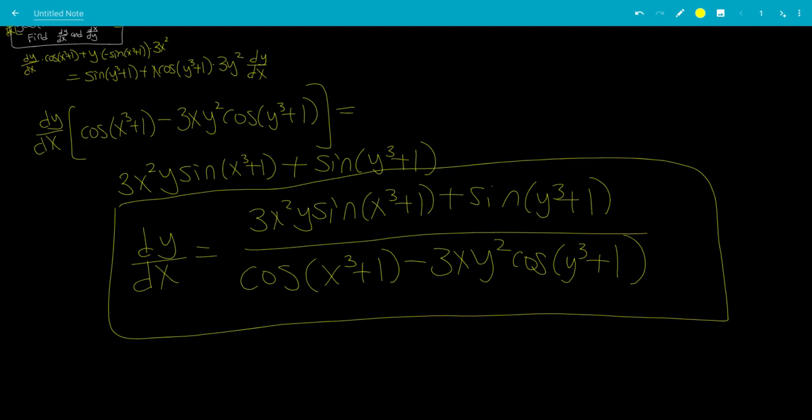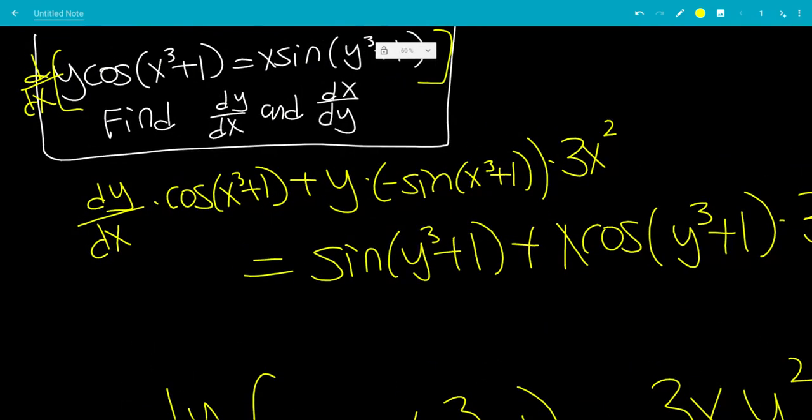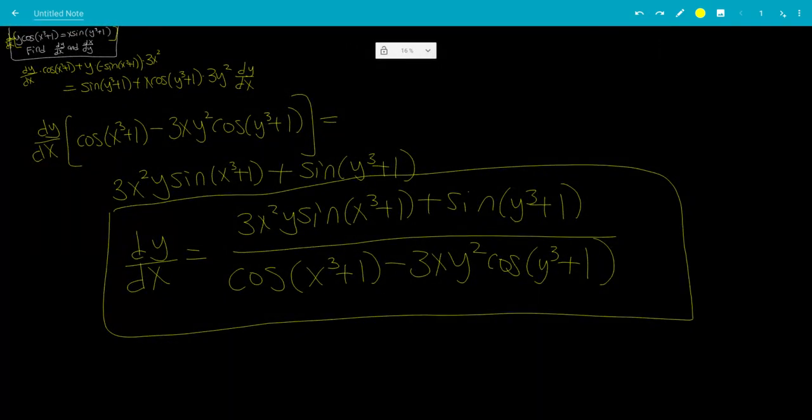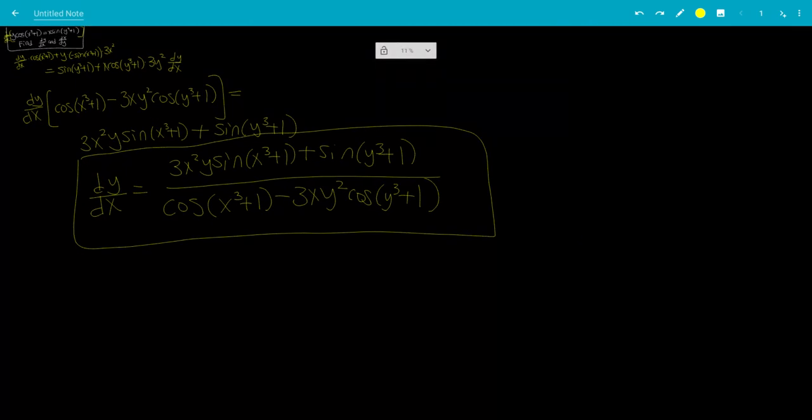Now how do we find dx/dy? You could do the derivative with respect to y instead of x, but that would be the long way and not the smartest way to do this. The interesting thing is that dy/dx is the reciprocal of dx/dy. So we'll just flip it: make the numerator the denominator and the denominator the numerator.